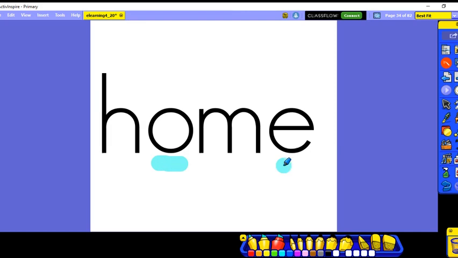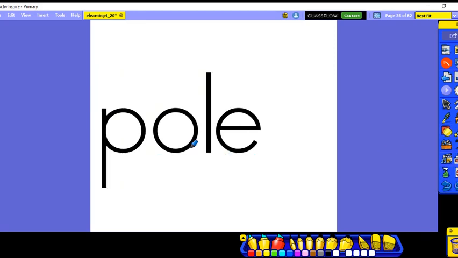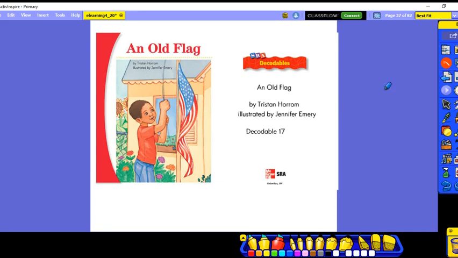Vowel consonant E. Home. Vowel consonant E. And then there's an S at the end, so we'll make sure to say the sound at the end. Hopes. Vowel consonant E. Pole. And let's find our title, An Old Flag.